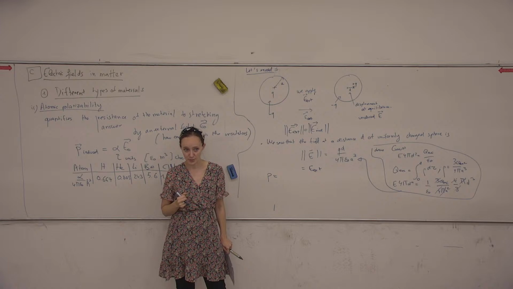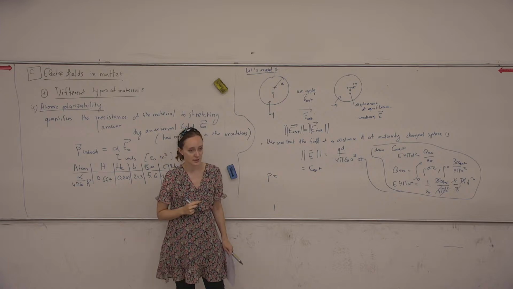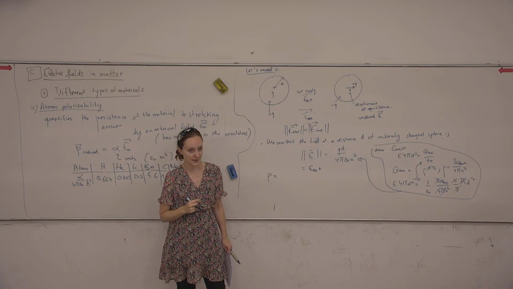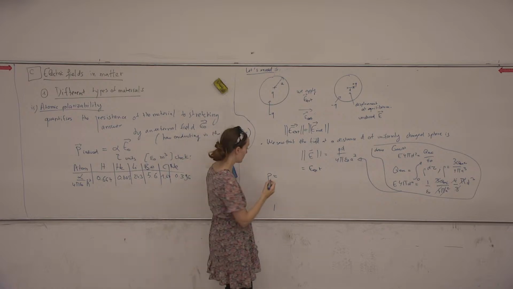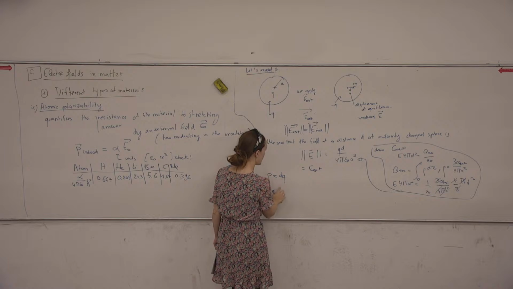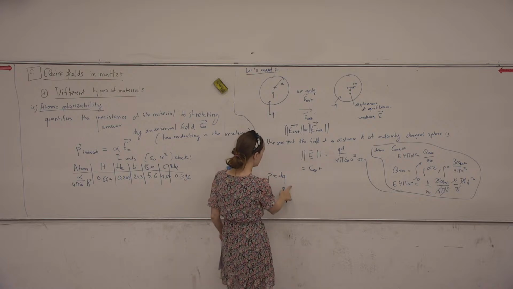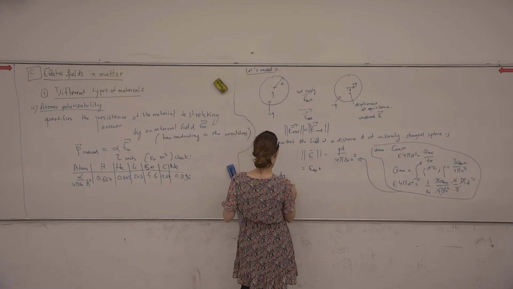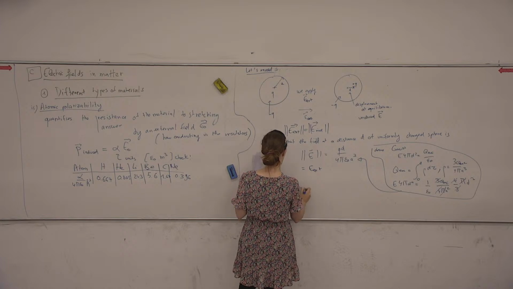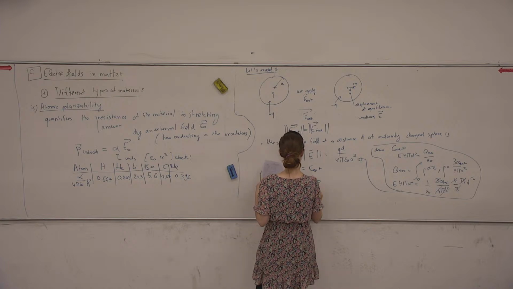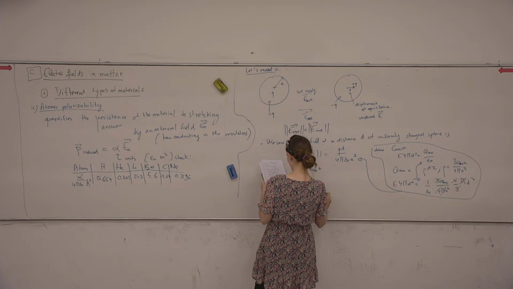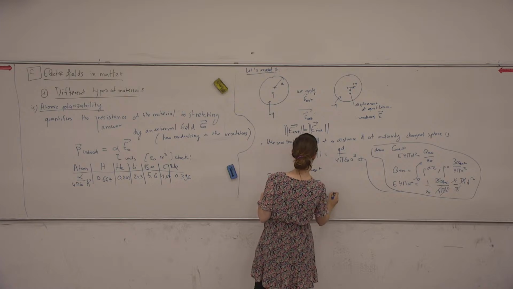What is P, the dipole moment in this case? It's dq, right? So I can write that Ex is equal to P divided by 4 pi epsilon 0 a cubed.